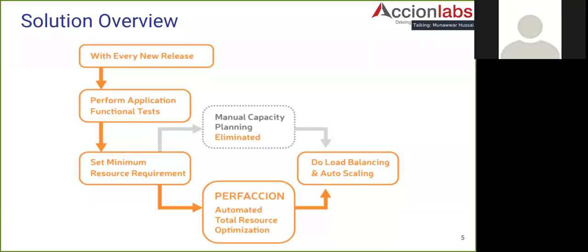All that used to be a manual process. With Perfaccion, we have automated that. You just have to provide your API specification with Swagger, or if you don't have Swagger, you can use our own UI to specify APIs. And Perfaccion does the testing on various load patterns and shows you the report.